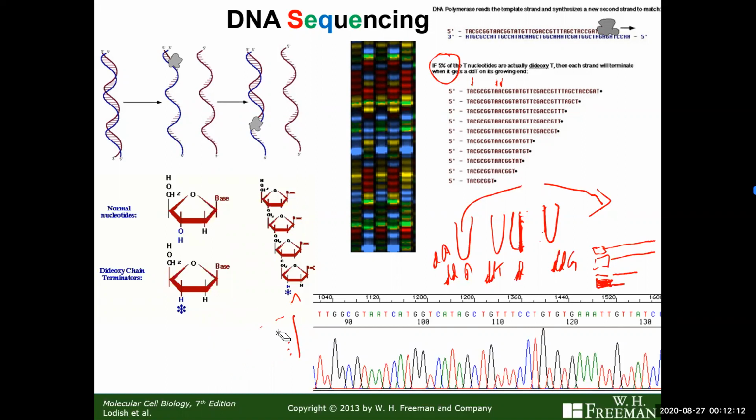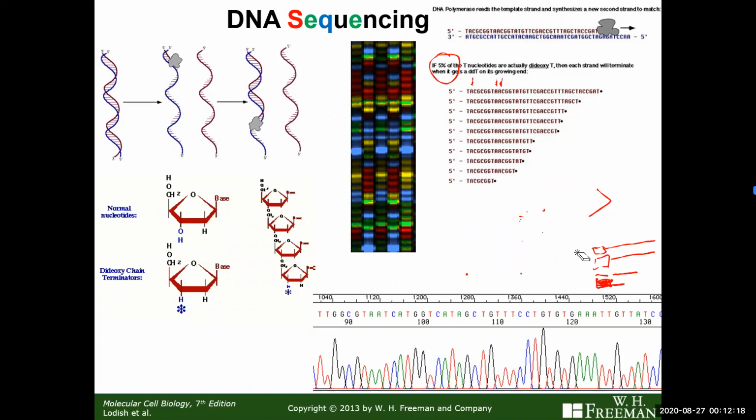Then somewhere around 2000, when fluorescent technologies started to develop quite rapidly, the scene changed a little bit. How did it change? Instead of radioactive nucleotides, people started using fluorescently labeled nucleotides, and the fluorescence would typically come with a color code.